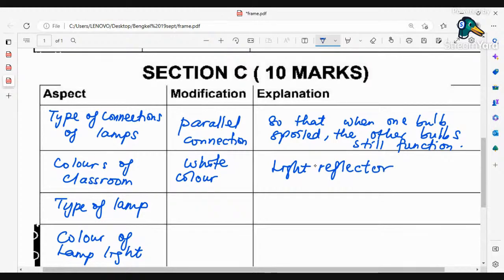Okay, type of lamp, we use LED, because this is an energy saver bulb.